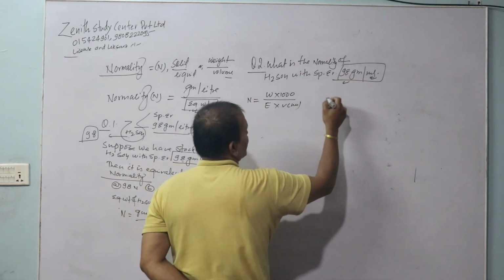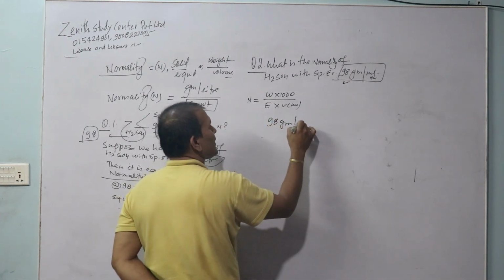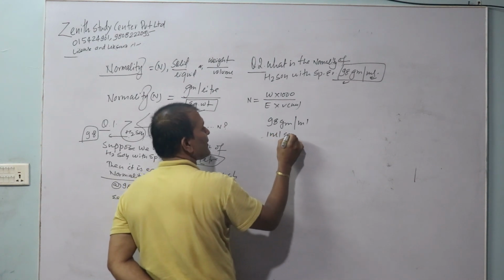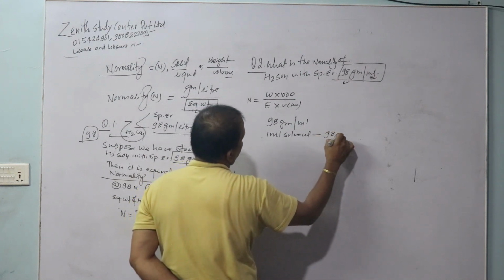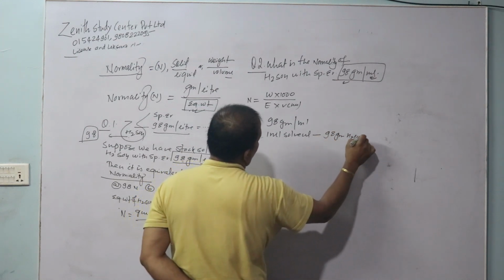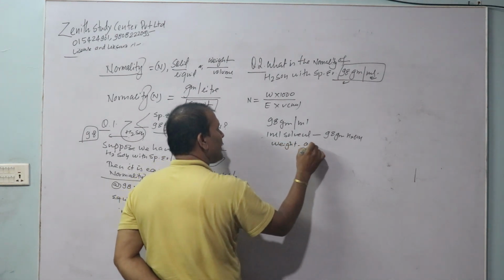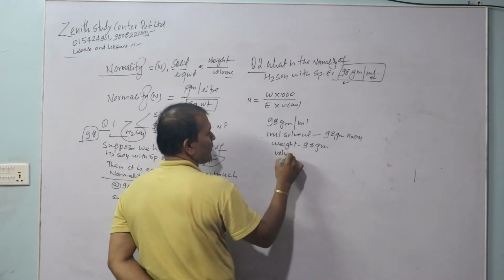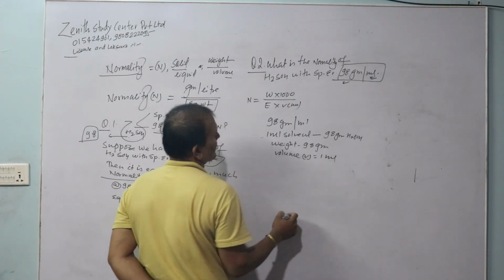What is the meaning of 98 gram per ml? It means 1 ml of solvent has 98 grams of H2SO4. So weight is 98 gram and volume V is 1 ml.